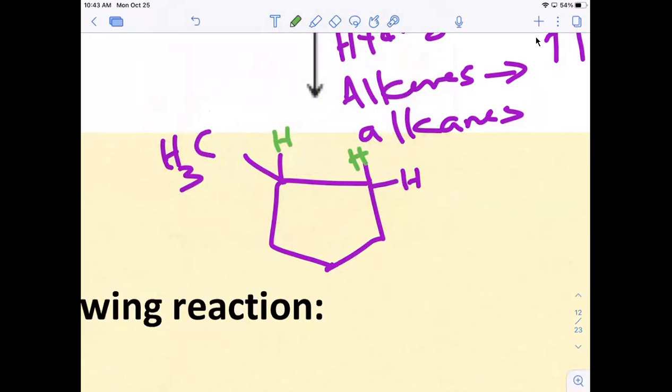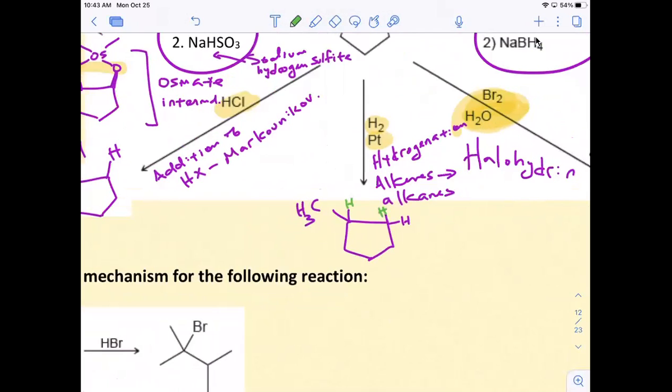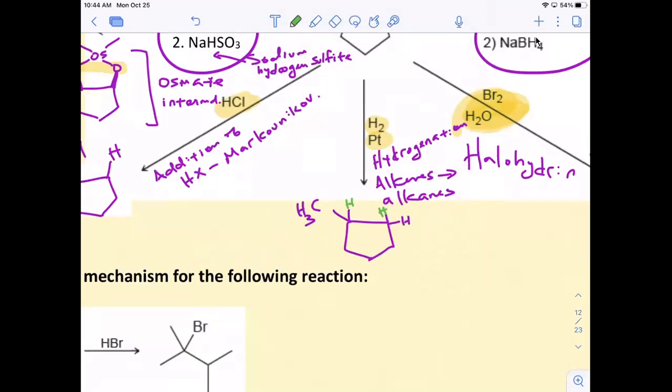Right, so I added a hydrogen to both sides. That's what that does, right? I take hydrogen gas and either platinum oxide or palladium on a solid carbon support. Right, this is what happens.